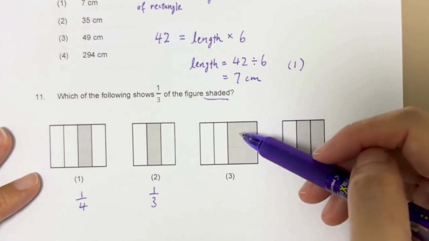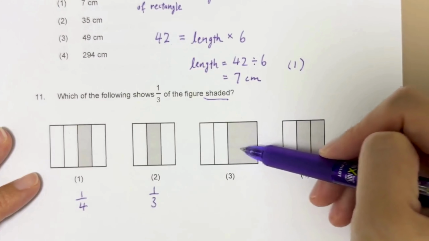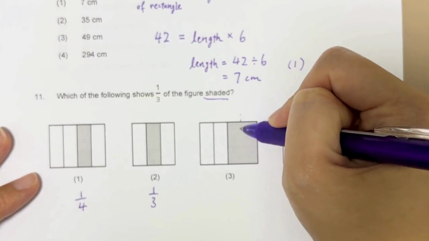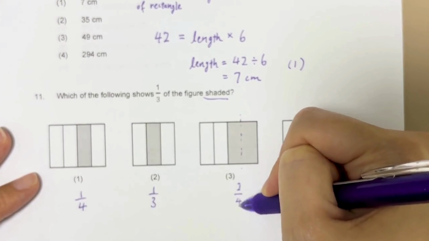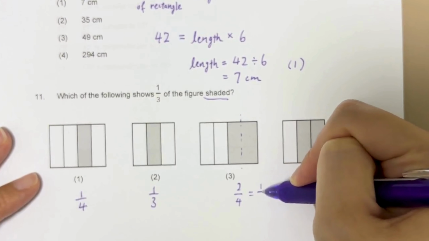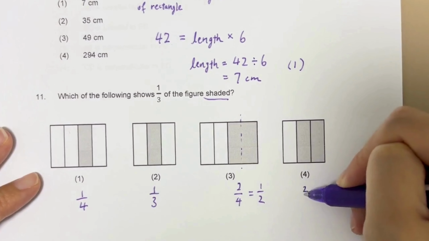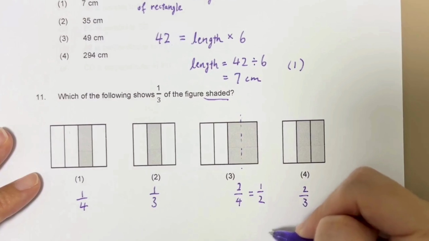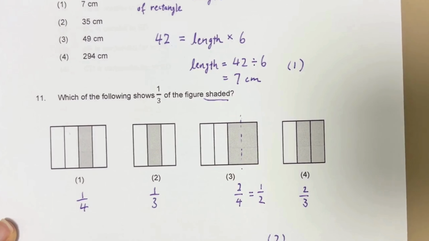This one, if we divide the parts equally, it is half shaded, because this is 2 parts out of 4 shaded, which is half shaded. This one, 2 parts out of 3 parts are shaded. So our answer is option 2. 1/3 shaded.